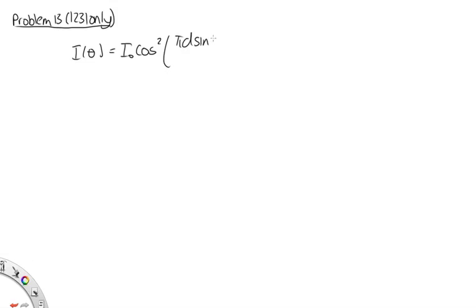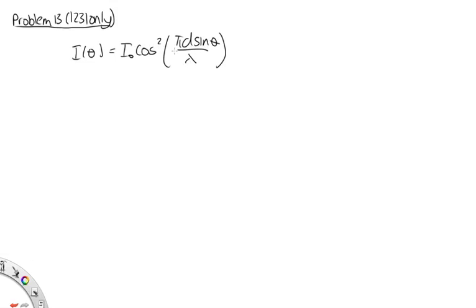Now problem 13, which is a 1, 2, 3, 1 only problem. We're told that in Young's double-slit experiment with light of wavelength lambda and slits of width a and separation d, the interference pattern intensity is given by I of theta is equal to I naught cos squared of pi d sine theta over lambda.